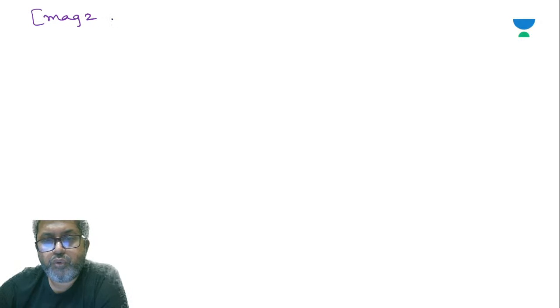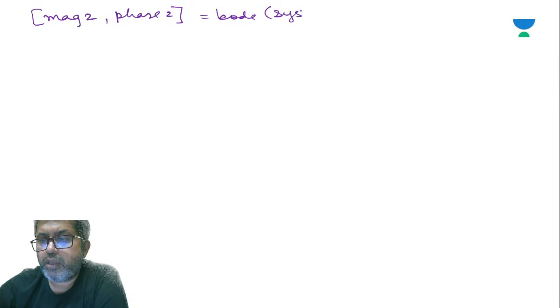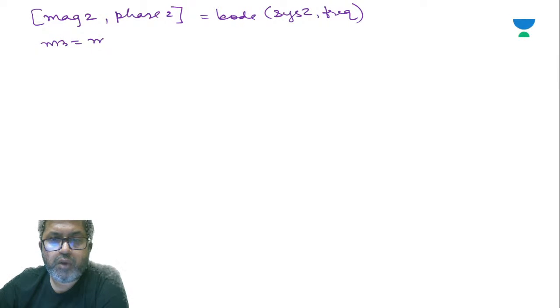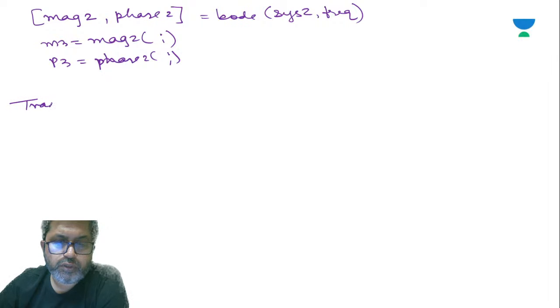Magnitude 2, phase 2 is equal to bode system 2 comma frequency. M3 is equal to magnitude 2, P3 is equal to phase 2.